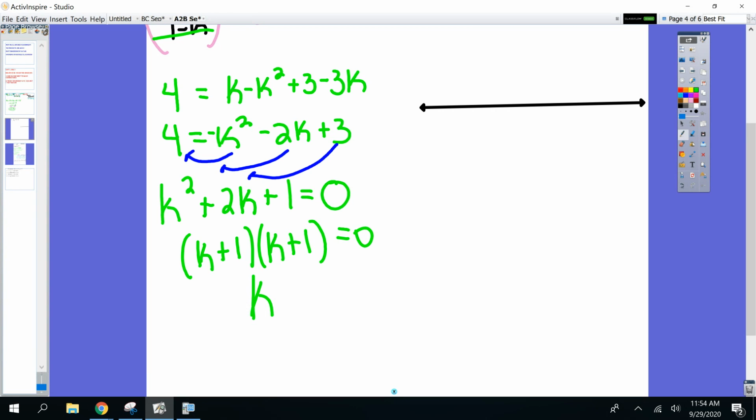So you guys should have two critical values: -1, which you just found by solving, and +1, which we got at the beginning because it was undefined. Now test three values, outside and inside.